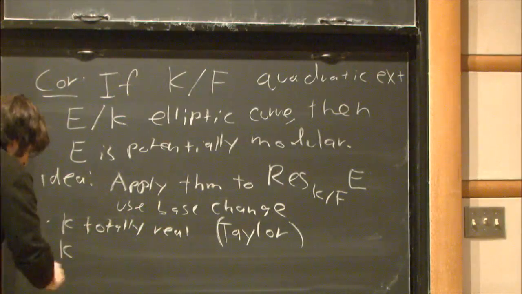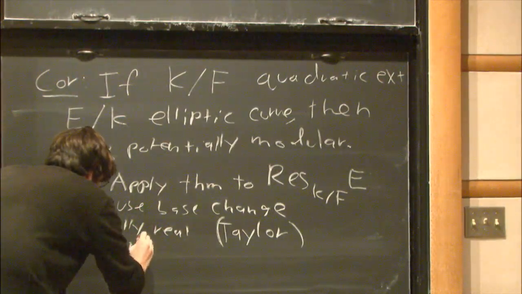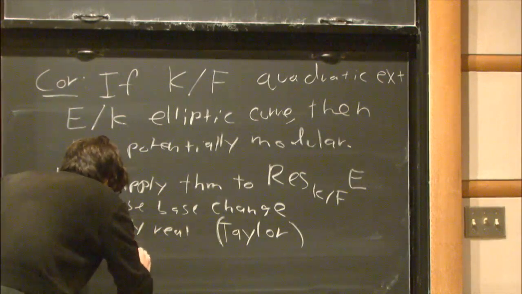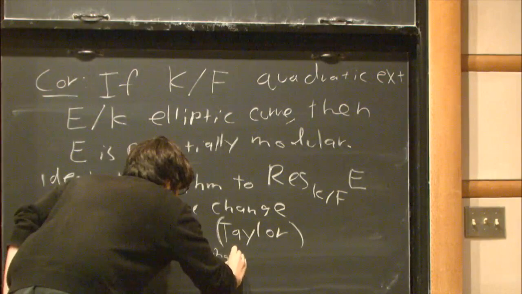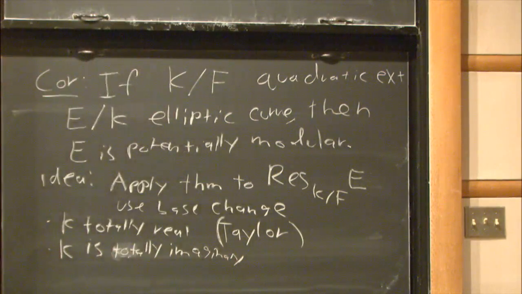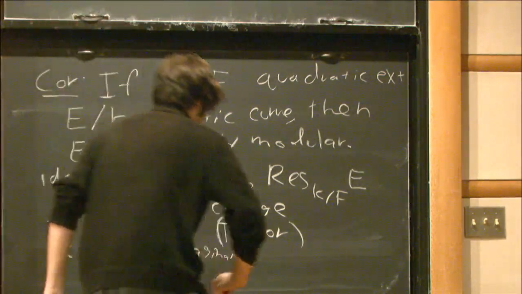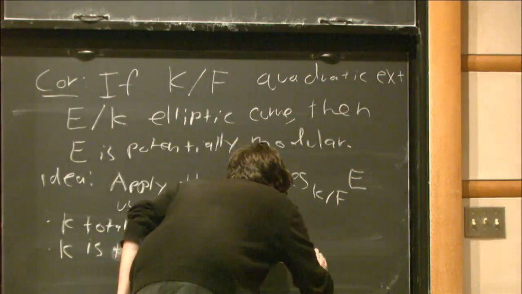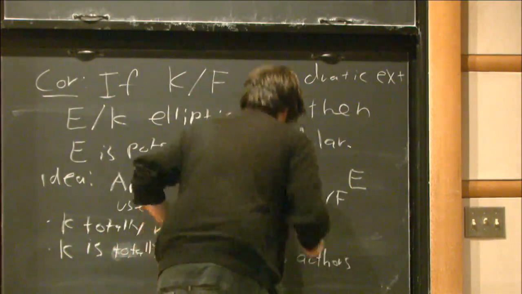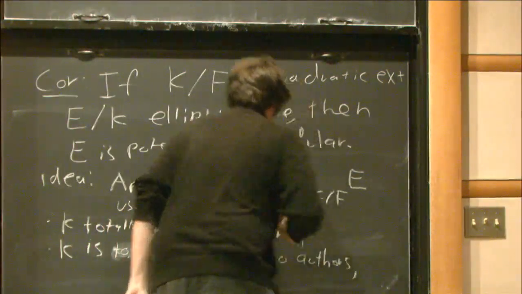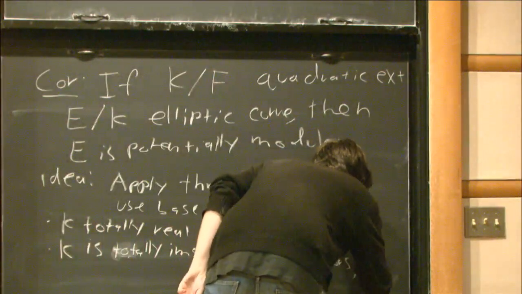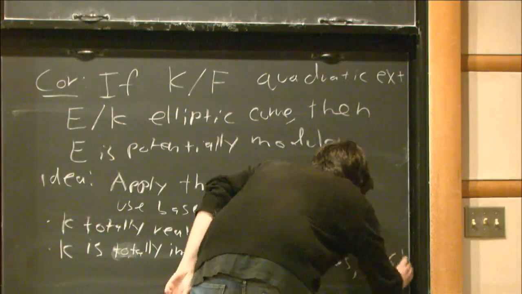Now if K is CM, or actually totally imaginary, this is a much more recent result of the ten authors, which I won't list because Patrick Allen will have to list them this afternoon. This is a result from just last year, which is 2016, I believe.